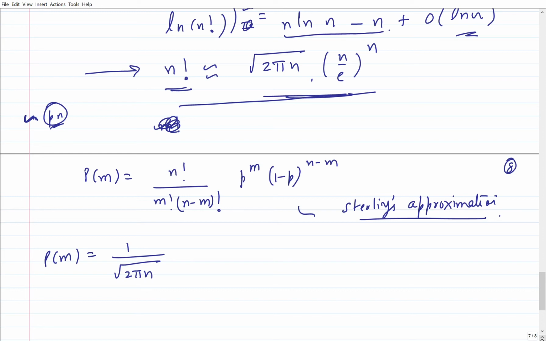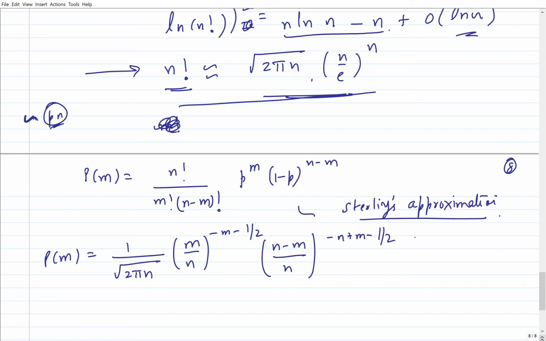And that is going to boil down to m over n to the power of minus m minus half, n minus m divided by n to the power of minus n plus m minus half.